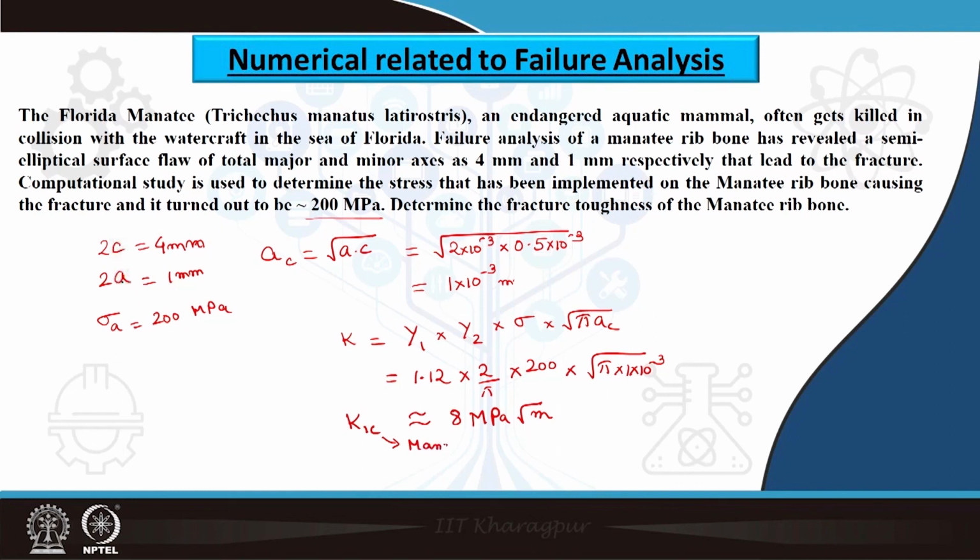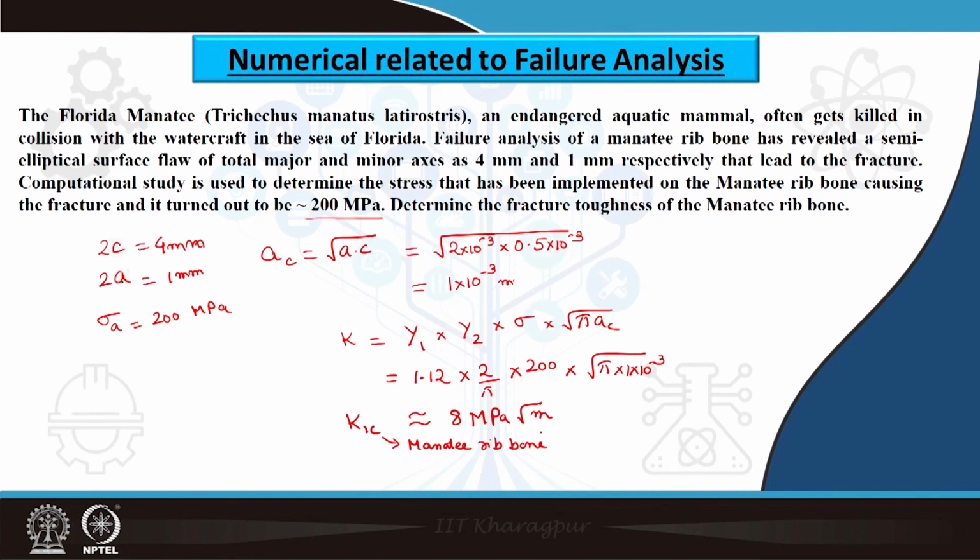First of all, we see that this value is quite less compared to the metallic parts that we were discussing so far, and all the other values that we have considered. The bones, typically in this case the manatee rib bones, have much lower values of fracture toughness. But when we do these real calculations, we often find that they also depend on the size of the animal, the size of the bones, the impact, etc., and a lot of other factors need to be taken care of.